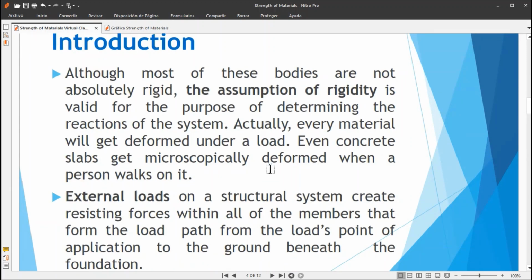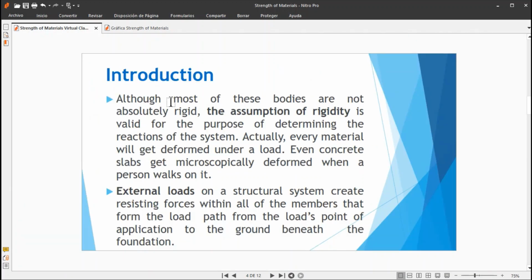Now, look at this. Let's talk about this little introduction. Although most of these bodies that we're going to examine, a piece of wood, a piece of concrete, a piece of metal, whatever, are not absolutely rigid, we have this property, the assumption of rigidity.